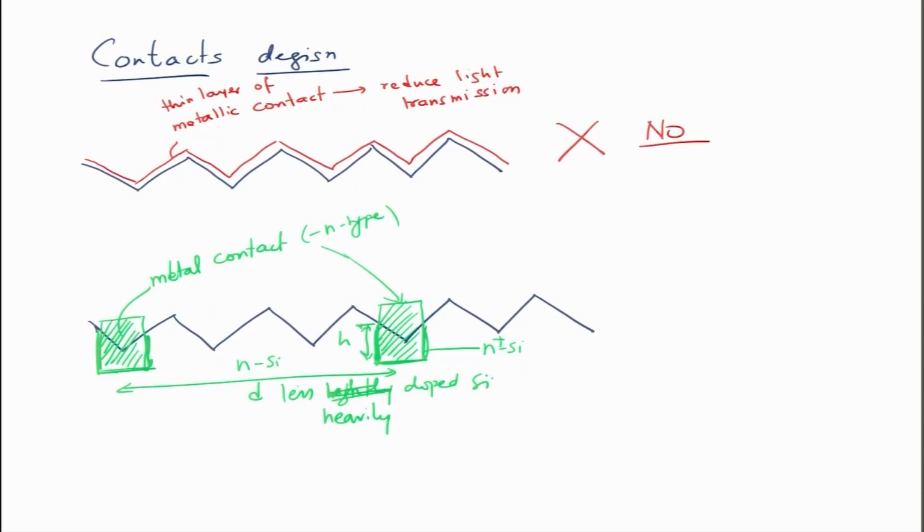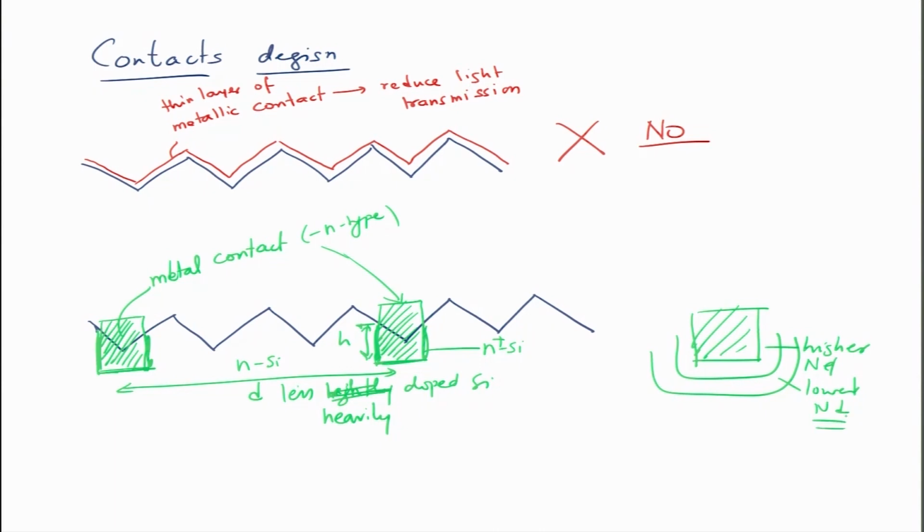So basically we have a differential in dopant concentration in the silicon in the vicinity of the contact. If this is the contact and you zoom in, in the vicinity you have higher dopant concentration, higher ND. In the region surrounding it you have lower ND.